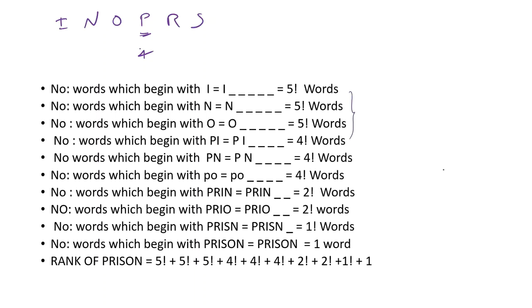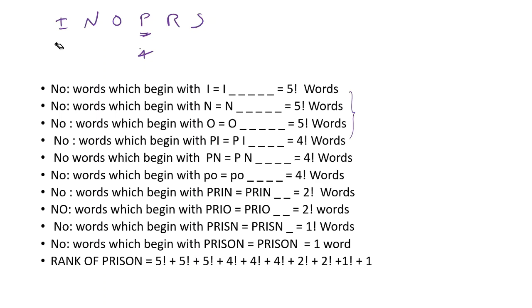After that, we will further divide this page containing P. The page containing P can be divided like this: number of words which begin with PI, number of words which begin with PN, number of words which begin with PO, number of words which begin with PR, and number of words which begin with PS.